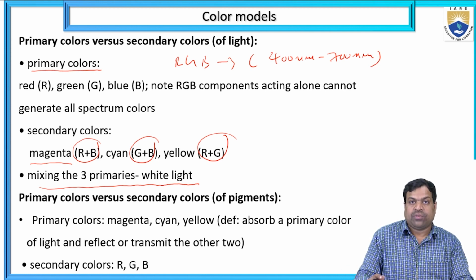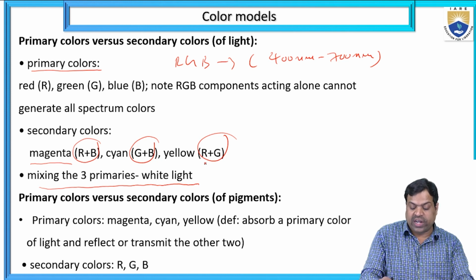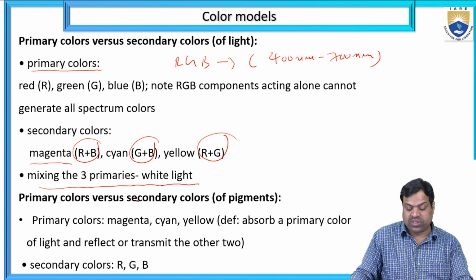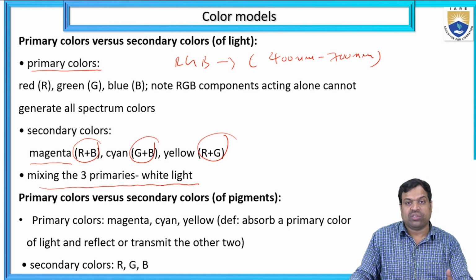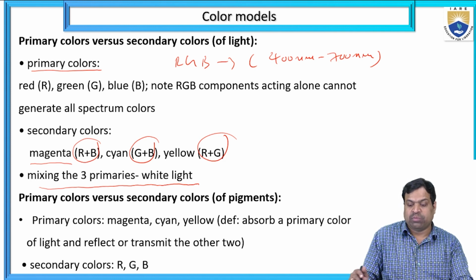Secondary means a combination of primary colors: red plus blue is magenta, green plus blue is cyan, and red plus green is yellow. Mixing the three primaries gives white light. Next, primary colors versus secondary colors of pigments.